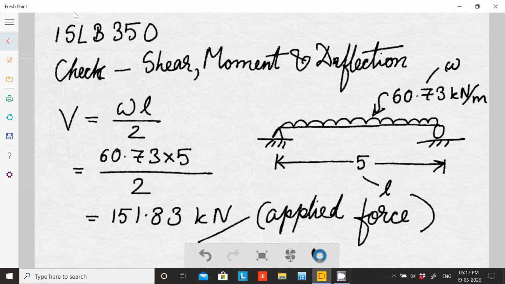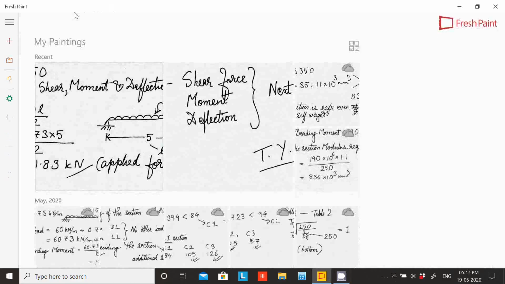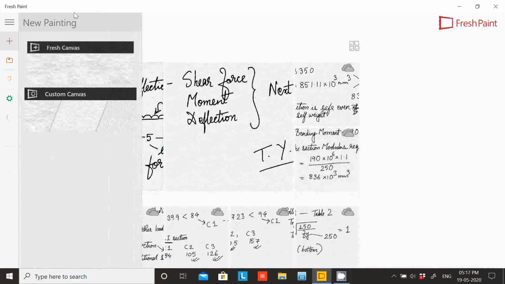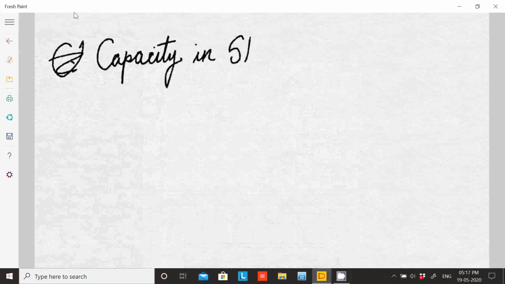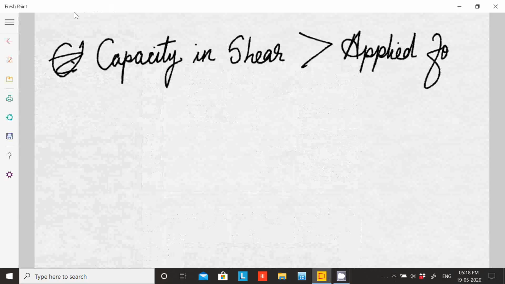So we need to now find out the capacity. So capacity in shear should be greater than applied force.